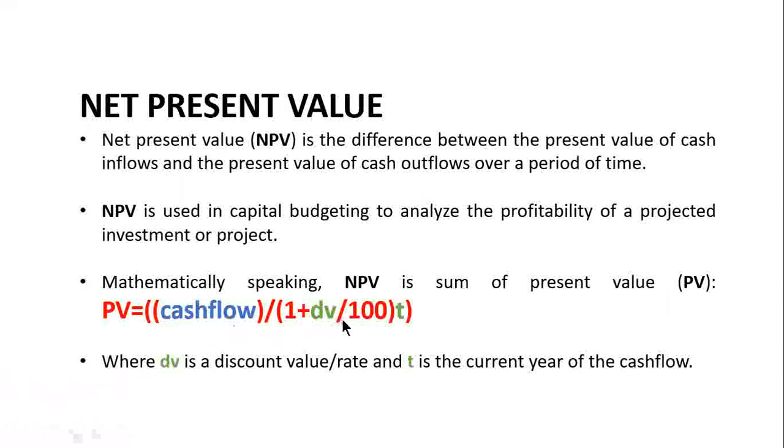If you look at the variables used in this expression, DV is the discount rate, and t is the current year of the cash flow. As we look at this equation, we understand that when appraising a project, the PV and the net present value are essential for us to know whether we can invest in this project or not.